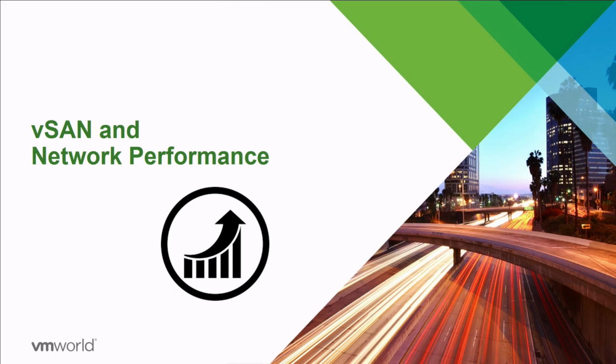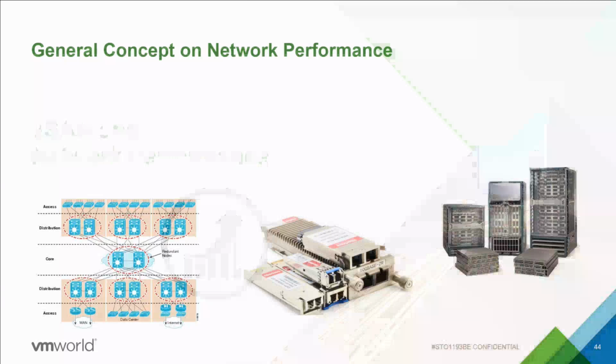So now it comes to the most interesting part, what is performance in general with vSAN. As I said, it's network distributed storage, so network is very important for the distribution, as you do synchronous I/O to those objects. In this case, you think about general hardware, backbone, what your infrastructure can do.